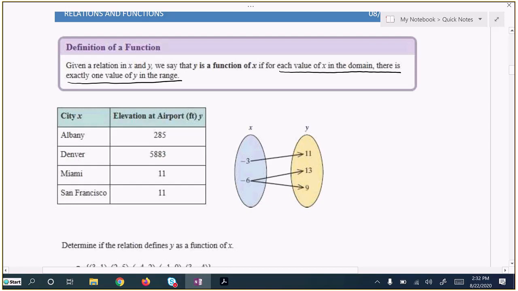So right away we can see that this example here, where we have 3 pointing to 11, 6 pointing to 13, and negative 6 pointing to 9, is not a function. It's not a function because there is an x value, negative 6, that has more than one y value associated with it.